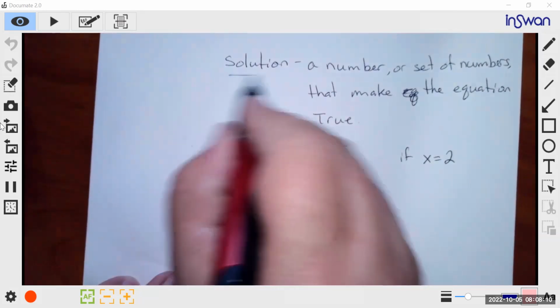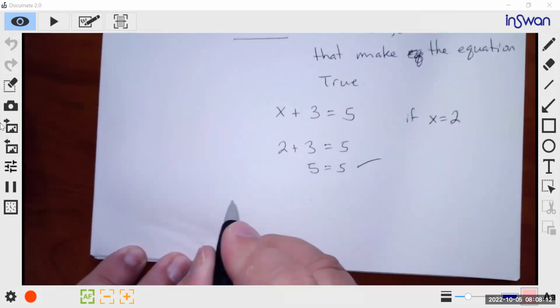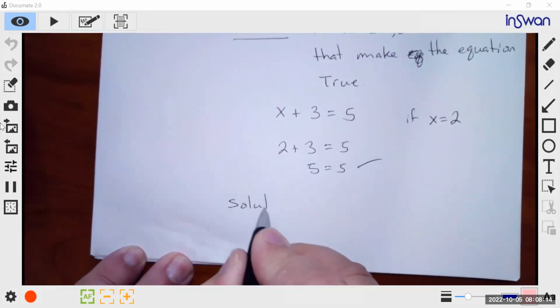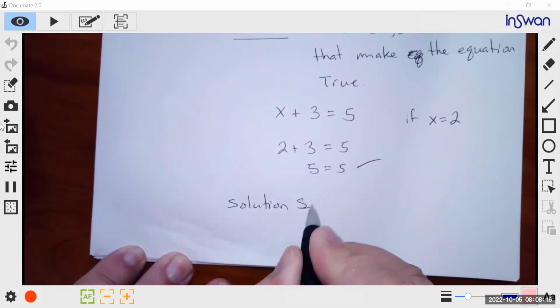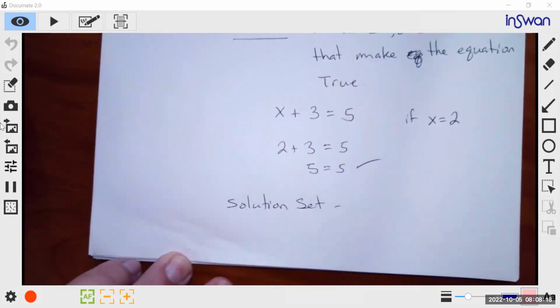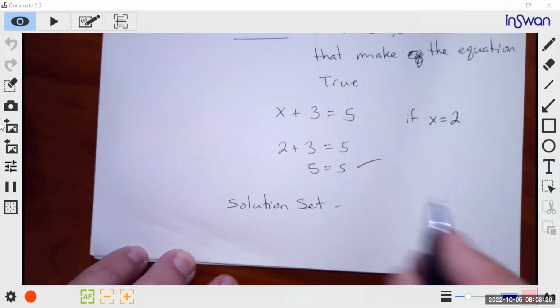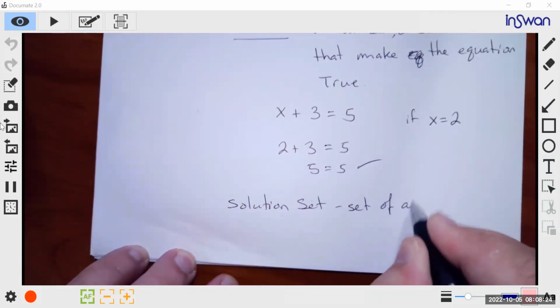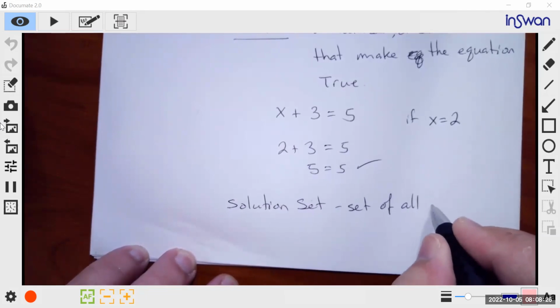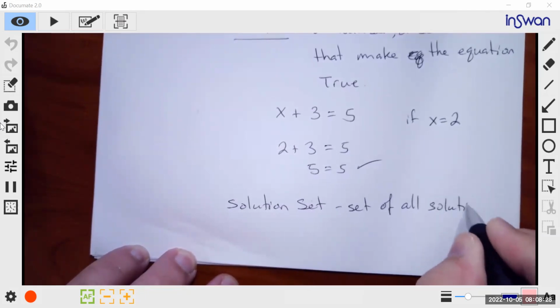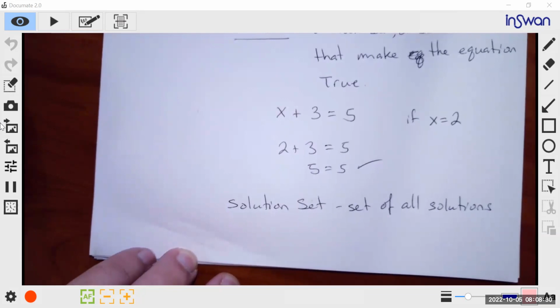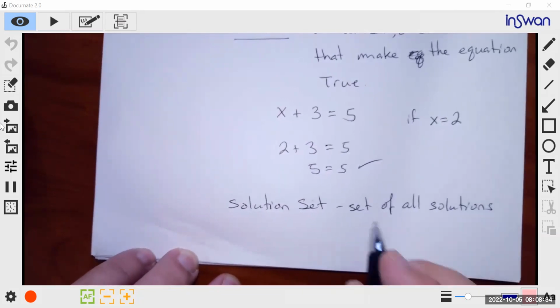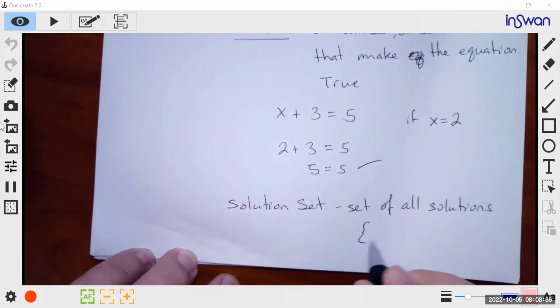So that's a solution. A solution set is the set of all solutions. That sounds circular. A solution set is a set of all solutions. Duh. But this is how it looks.